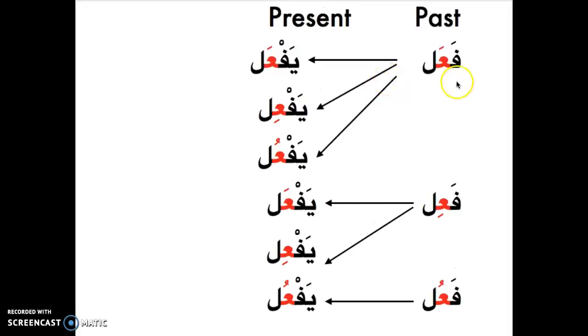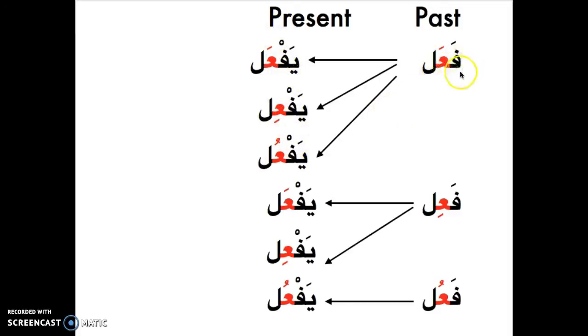Yes, when I said that it accepts it, meaning that if they find a verb or an action that looks like this in the past, in the present it could look like any of those three, right? That's what it means.